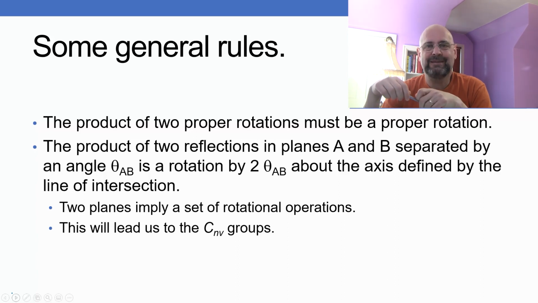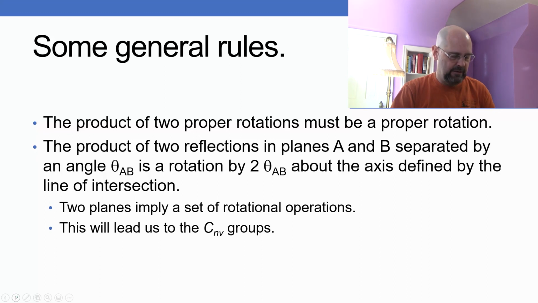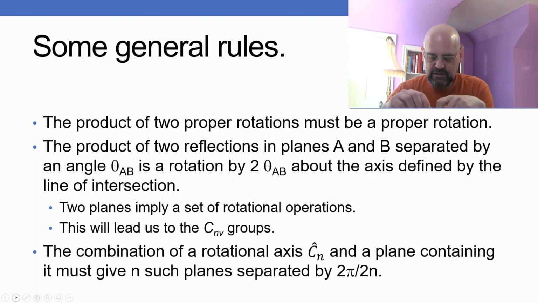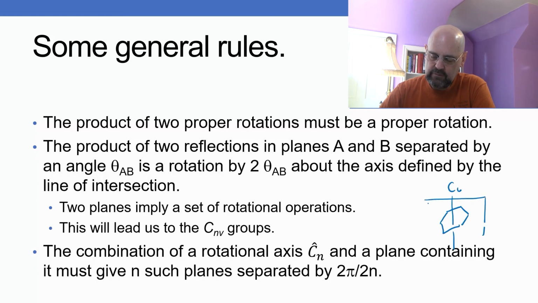And this will lead us to what we call C and V groups. It's called Schoenflies notation, more about that later. The combination of a rotational axis and a plane containing it must give a whole bunch of other planes. If I go back to benzene, with its C6 axis, there are planes that include this axis, for instance this one right here.